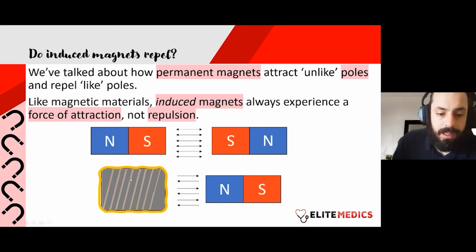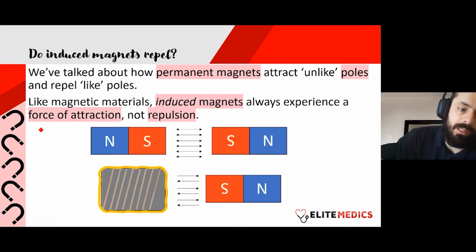So this one, okay, could be, for example, the paperclip that I showed you before. Induced magnets will always experience a force of attraction, not repulsion. Well, if it was an electromagnet, that wouldn't be the case, okay? But we're going to be talking about that later. So induced magnets will always experience a force of attraction.